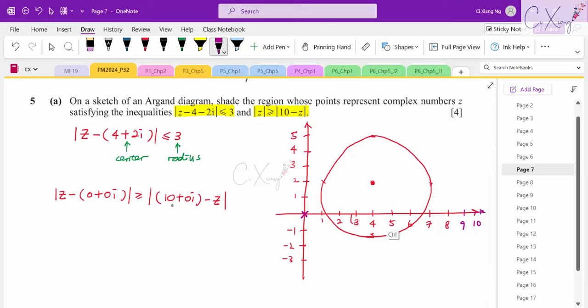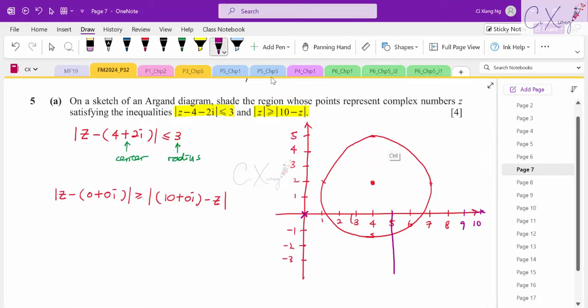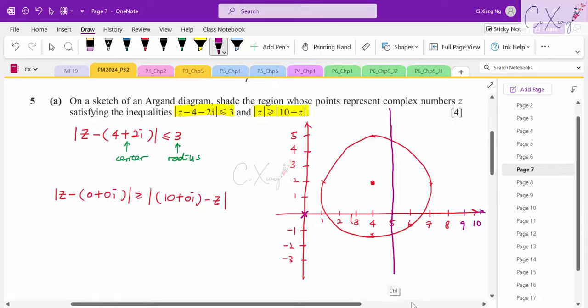Where's the perpendicular bisector in between? So it should be this one. We should be having the vertical line where x equals 5, because it is the perpendicular bisector between 0, 0 and 10, 0.